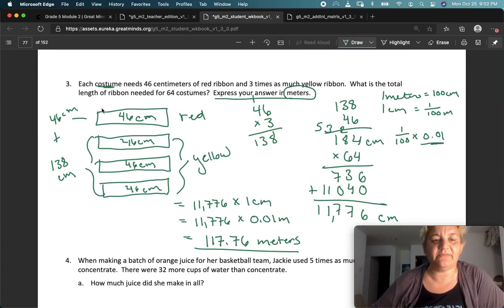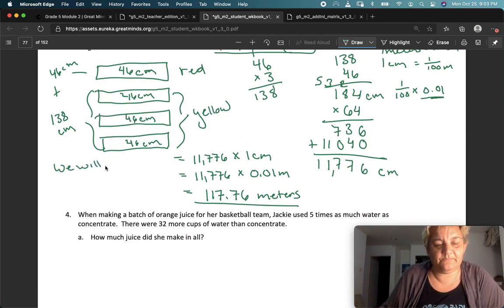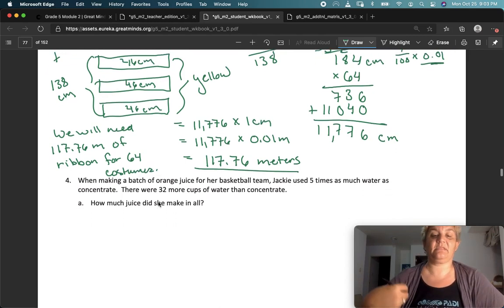What is the total length of ribbon needed for 64 costumes? We will need 117.76 meters of ribbon for 64 costumes. It's a lot of costumes. It's a lot of ribbon.